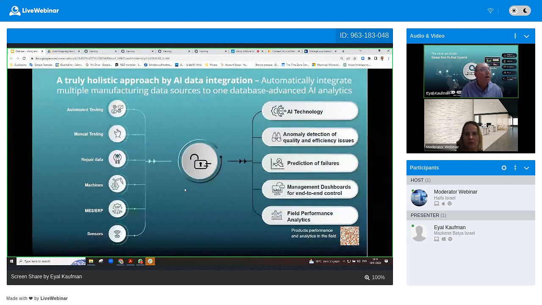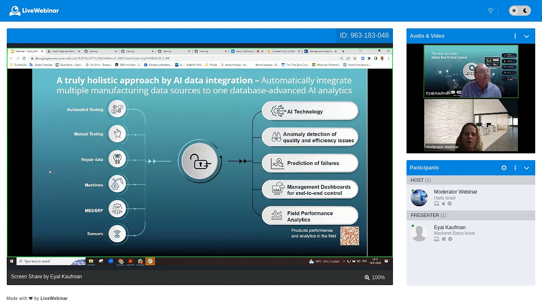So eventually, when we are able to unify the data from every data structure, what we call a holistic approach that can be achieved by using AI data integration, we are able to capture data from machines, from test equipment, from manual data, repair data, sensors, data that is kept in other systems.